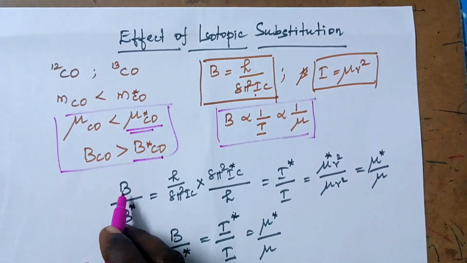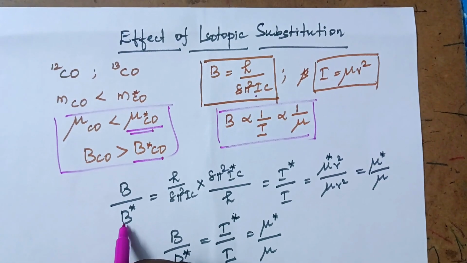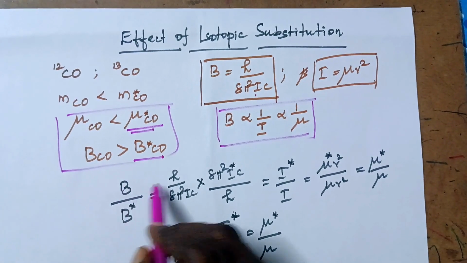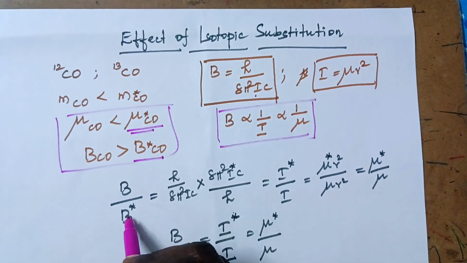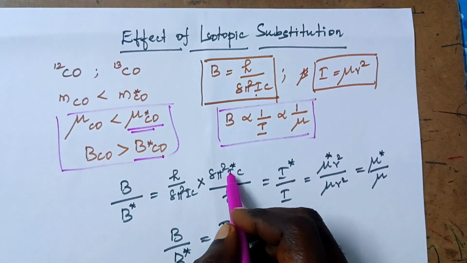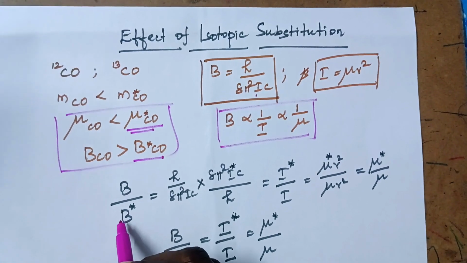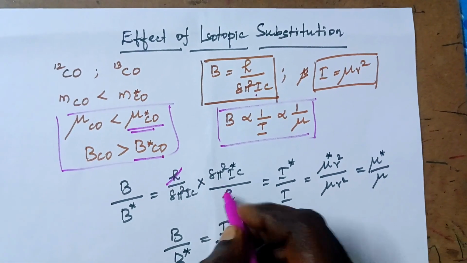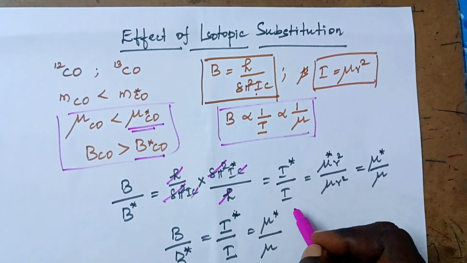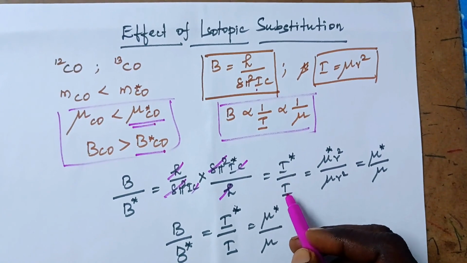Now let's take B of C12 and B of C13. Star denotes C13. This is the formula for B, and B star is another formula, with I star corresponding to C13. You solve everything, cancel 8 pi squared and c, and you get I star divided by I, that is I of C13 divided by I of C12.